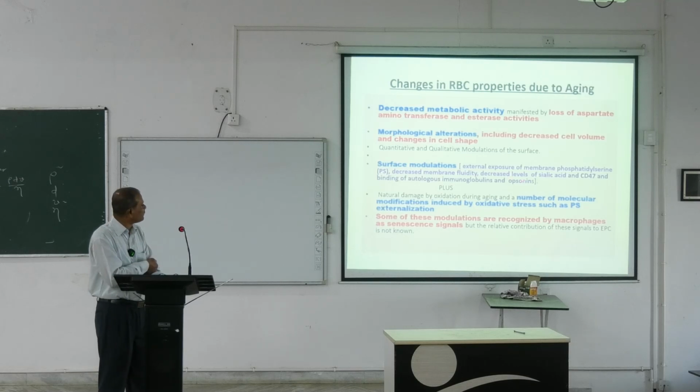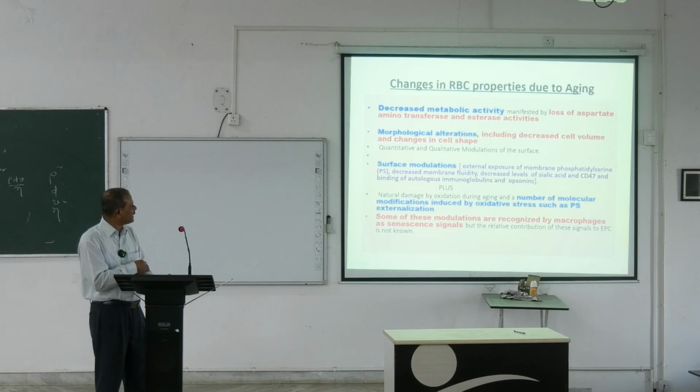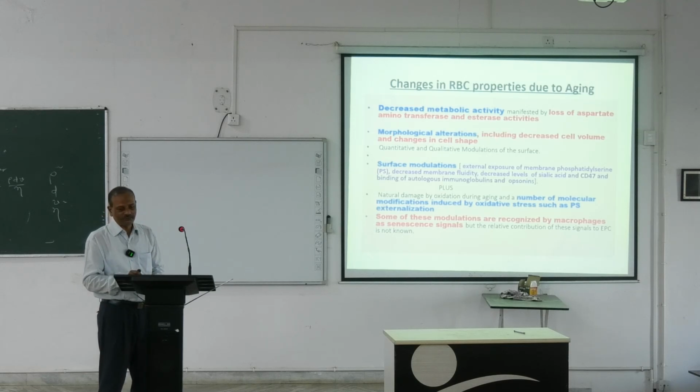Now there will be loss of morphological structure. The morphological alteration will be there. There will be decreased cell volume and change in cell shape, and that is a signal to the phagocytes that this is an aged RBC. This part is not written in your book.